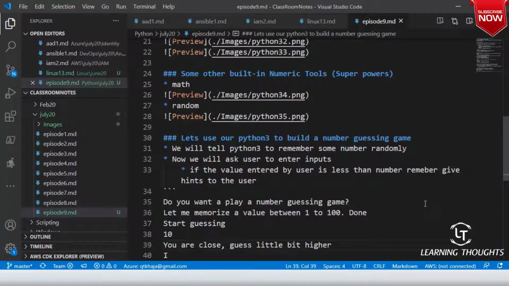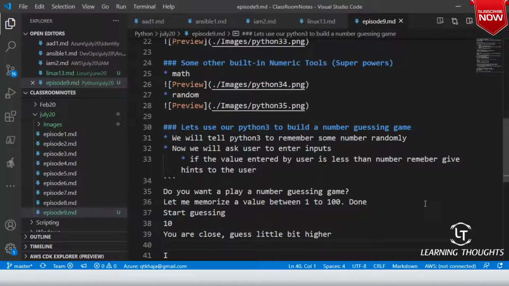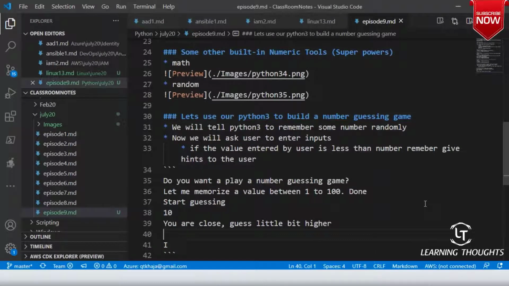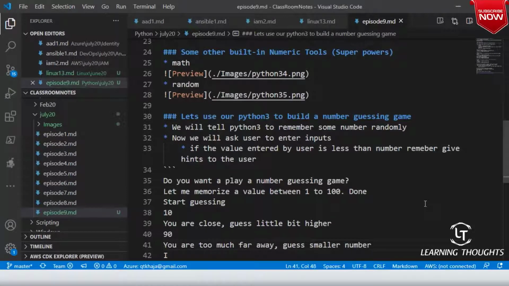Let us assume that Python has remembered 25. Now this user has entered the input of 90. You are too far away, guess a smaller number. Is this a very difficult program?